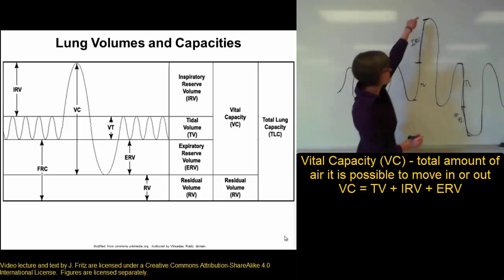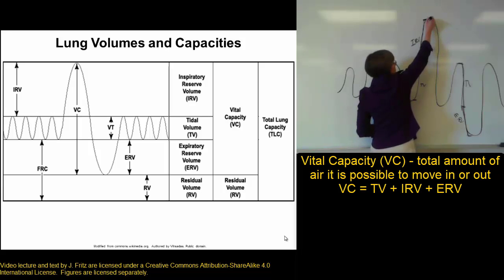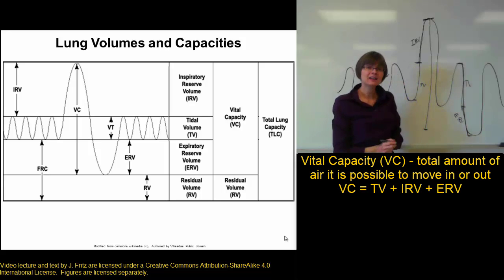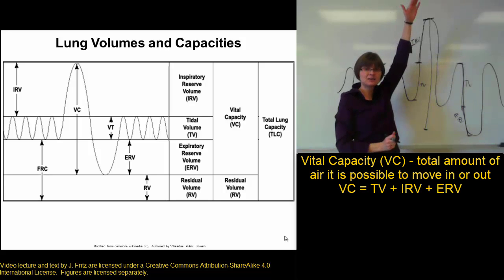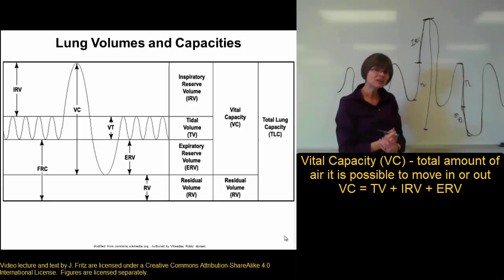So if you breathe in as much as you can, way up here at the top of the inspiratory reserve volume, and then you breathe out as much as you can, all the way down here to the expiratory reserve volume, that's what gives you your vital capacity. The maximum amount of air you can move from your highest breath in to as much as you can possibly breathe out. You can calculate this by adding together your tidal volume plus your inspiratory reserve volume plus the expiratory reserve volume.